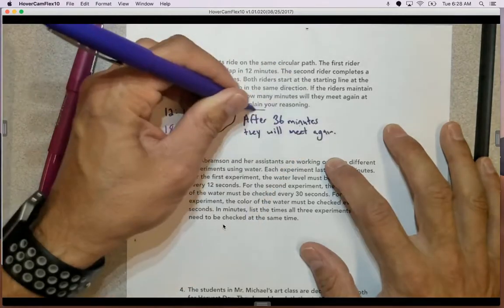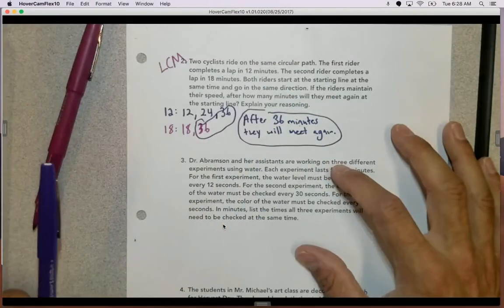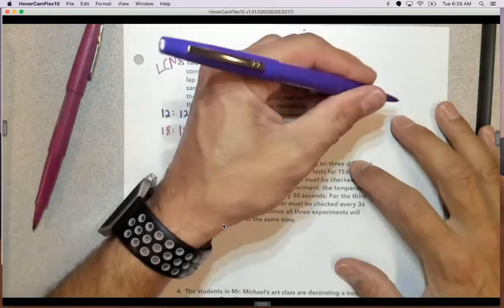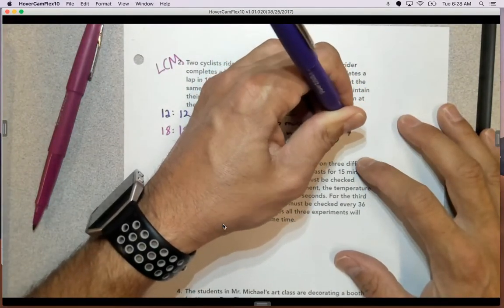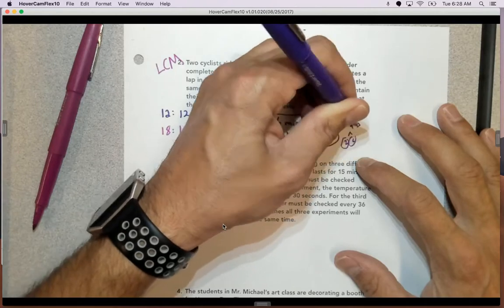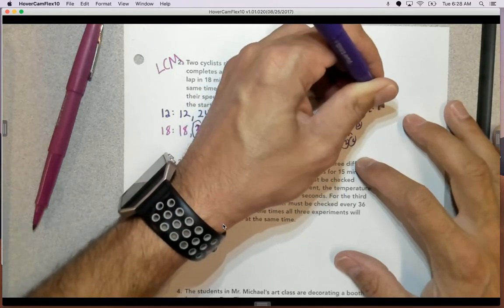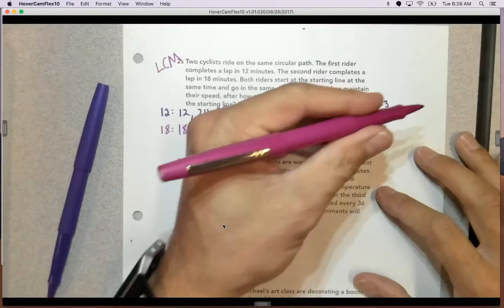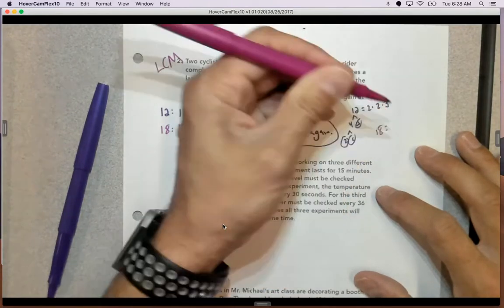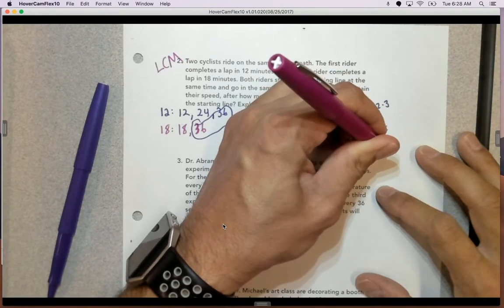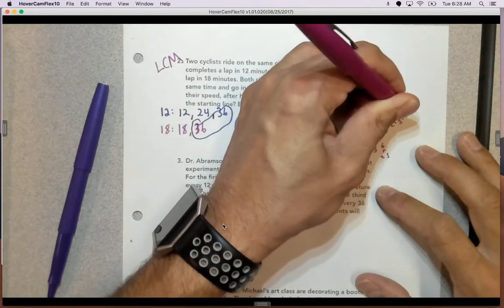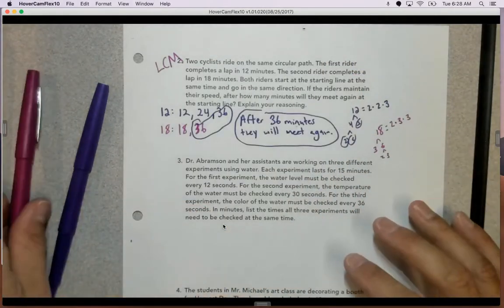Okay. To help this out, I want to kind of think also 12 is 4 and 3, which is 2 and 2. So 12 is 2 times 2 times 3. 18 is 6 and 3, and 6 is 2 and 3, so 18 is 2 times 3 times 3. And so the LCM has to have all of 12 and all of 18 in.